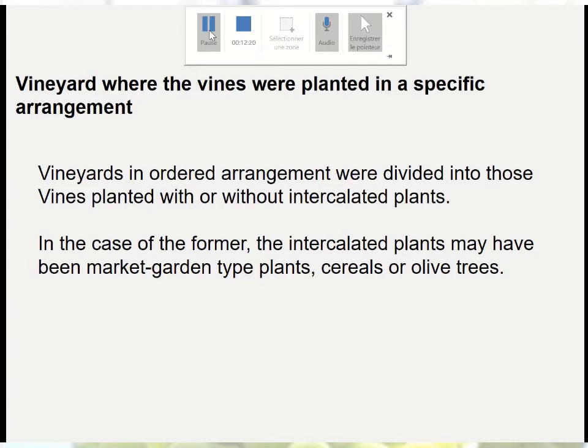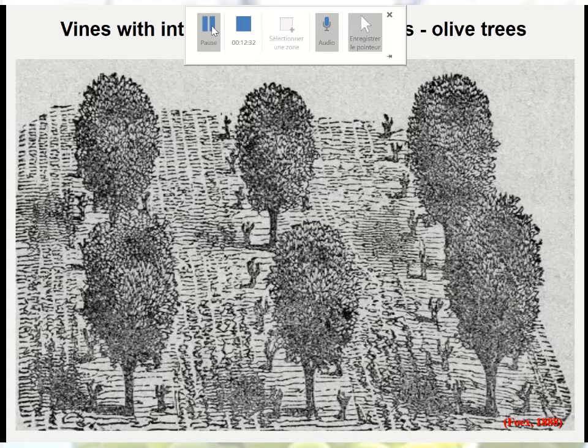Now something which is coming back because of climate change or because of ecology, I don't know, is to plant vines with other plants or species. In the 19th century, it was really common to have vines. You see here vines in goblet, cereals and olive trees.